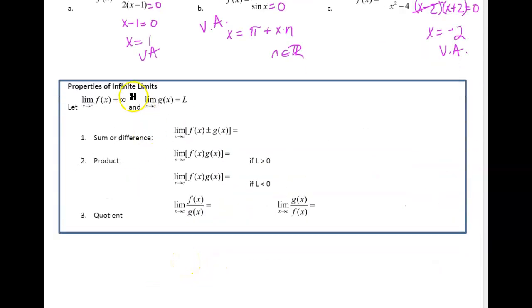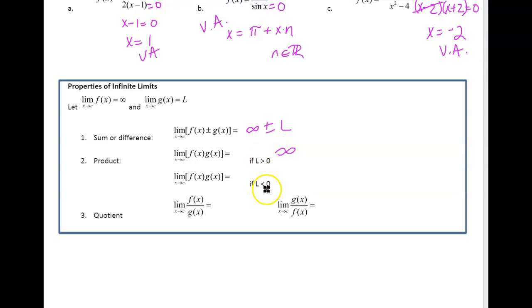Properties of infinite limits are the same as our regular limits. So adding, subtracting, constants, they all work. So we said the limit of f of x equals infinity. So I'd have infinity plus or minus L. If it's positive, it'll be positive infinity.